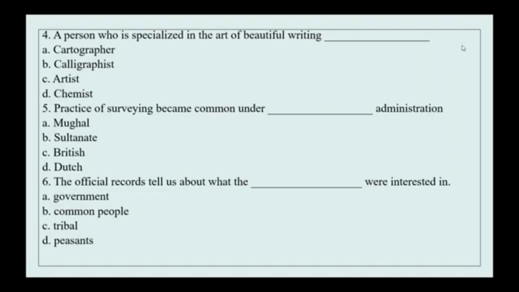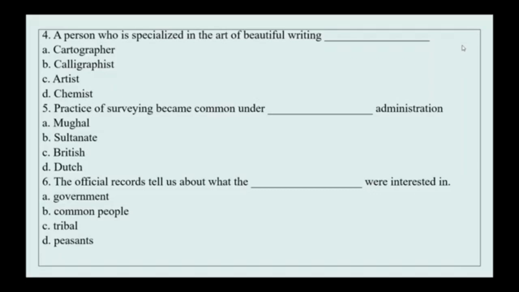Option C, artist. And option D, chemist. Which is the right answer? Calligraphist. A person who is specialized in the art of beautiful writing is known as calligraphist.